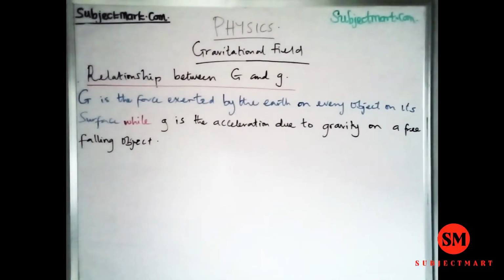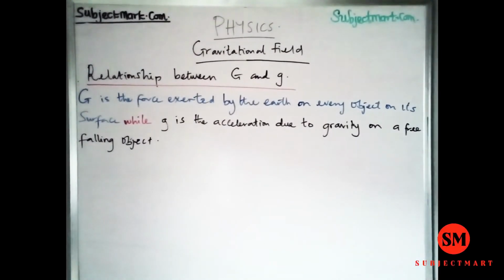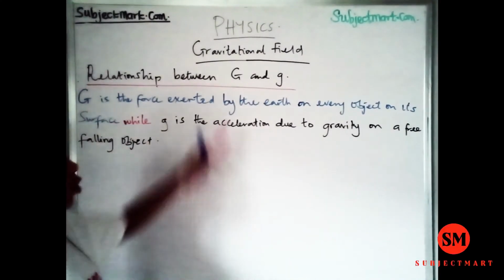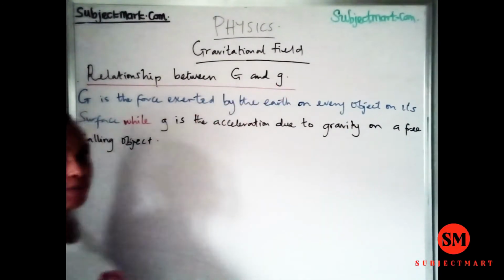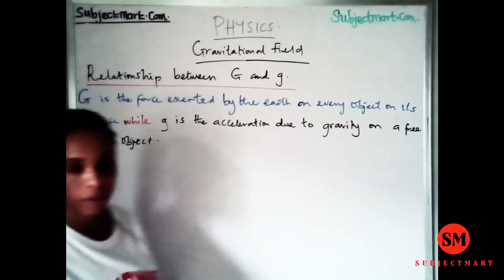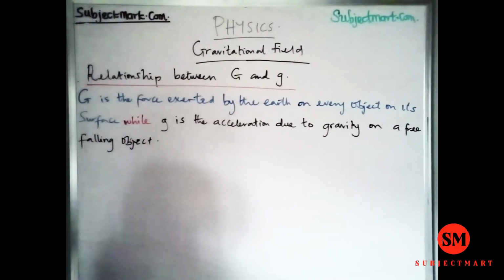Quickly, another concept we will be considering is the relationship between capital G and small g. Capital G is the force exerted by the Earth on every object on the surface.